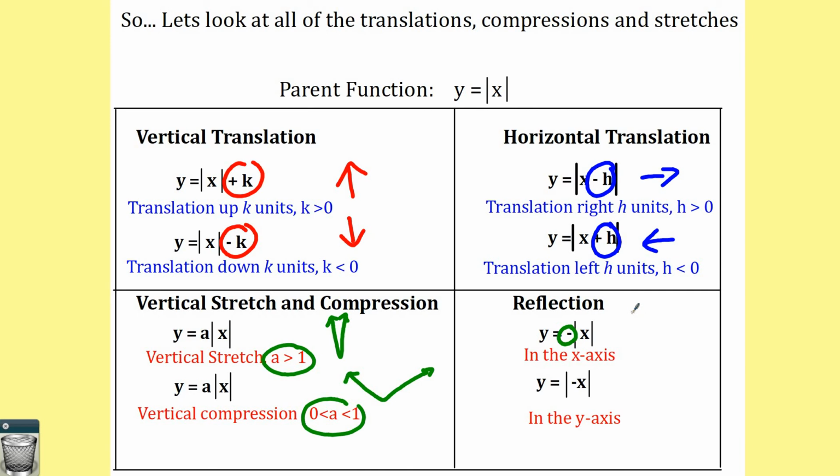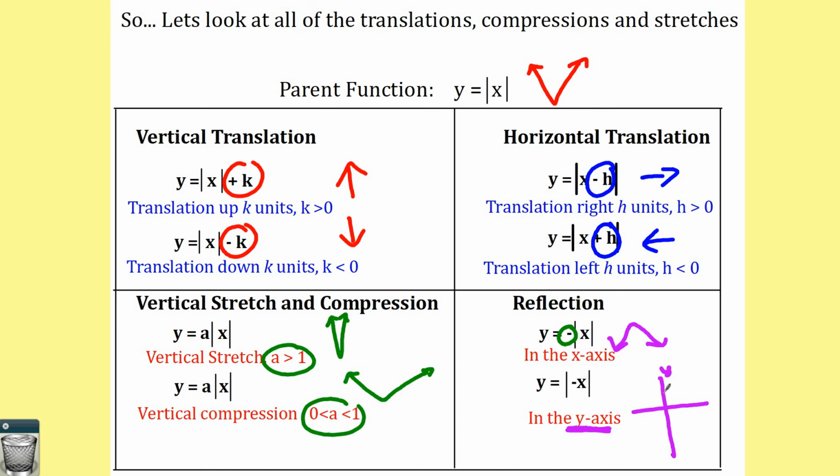Because the parent function looks like this, so the reflection is going to be down like this. Now, if we put a negative on the inside right next to x, that flips it across the y-axis. Think about your y-axis right here.